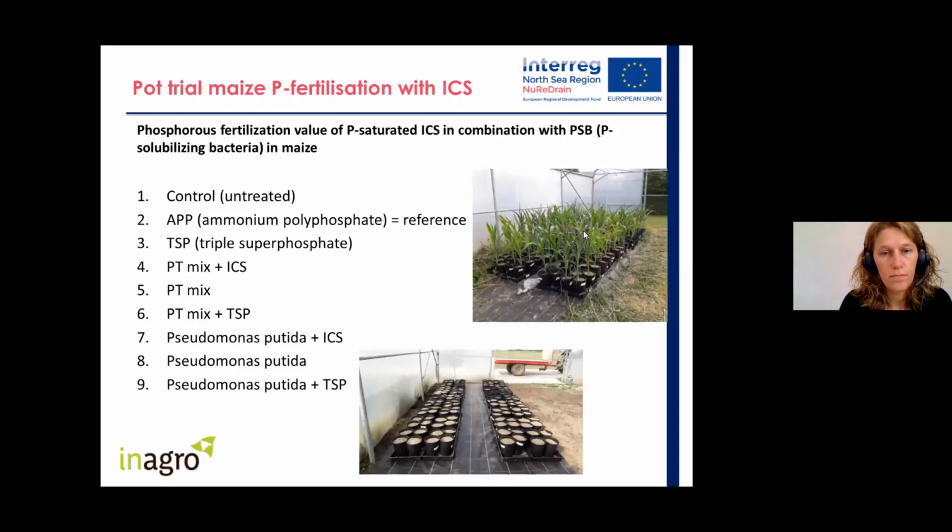So here you see the maize trial. First, plants were inside. Later on, they were put outside. You have, of course, the control. Then 2 references, in fact, where just polyphosphate and superphosphate were given. And then the different PSBs, whether with ICS or just with the control, triple superphosphate added or nothing added.